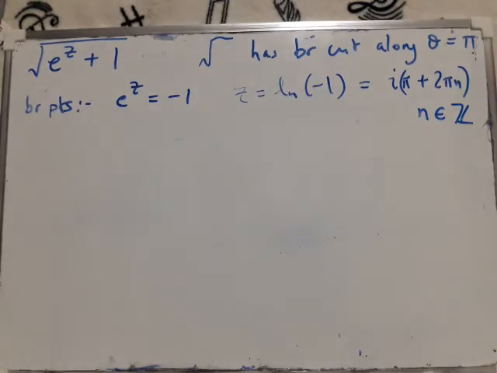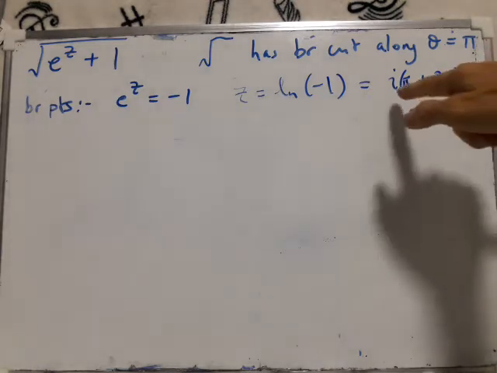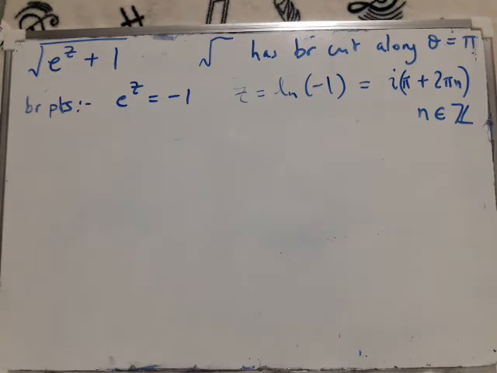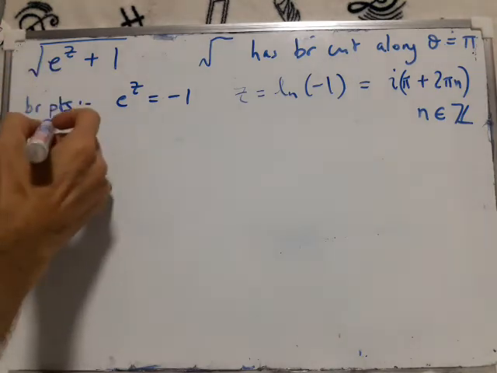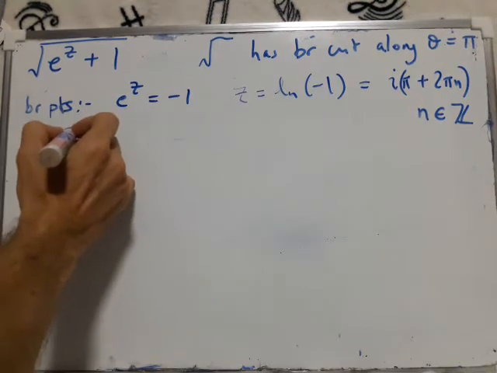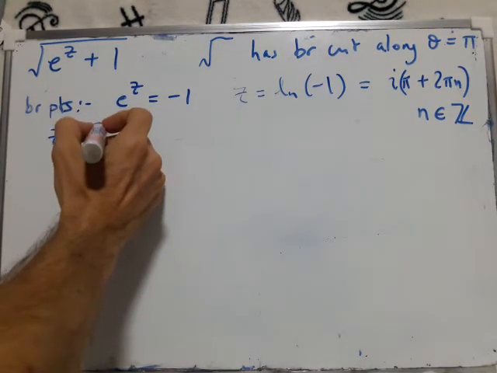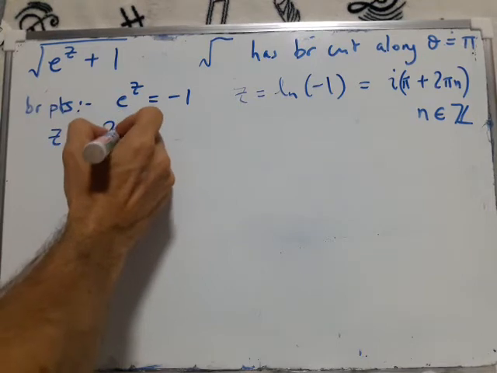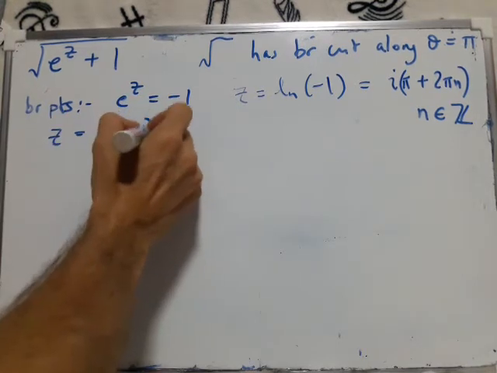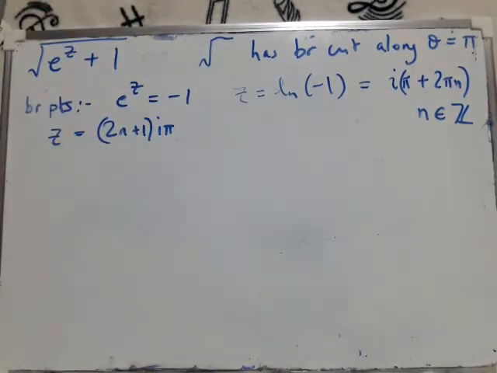So that set is the branch points, and we know the branch cuts will start at those points. I'll write them a slightly nicer way: z equals (2n plus 1) i pi.